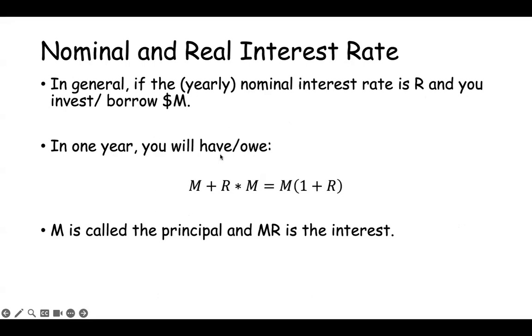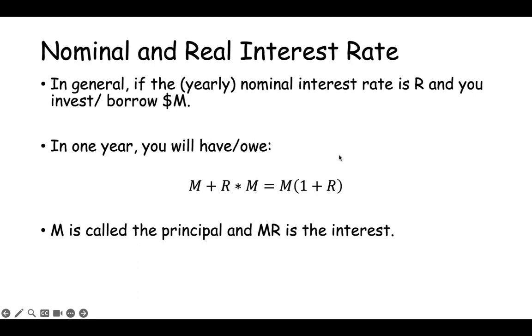After 1 year, you will have the M dollars you put in the bank back plus the interest payment, which is the fraction R times M, or M times (1 plus R). Once again, M is called the principal. This is how much you borrowed, and this is the interest. It's the penalty you're paying for returning the money 1 year later.